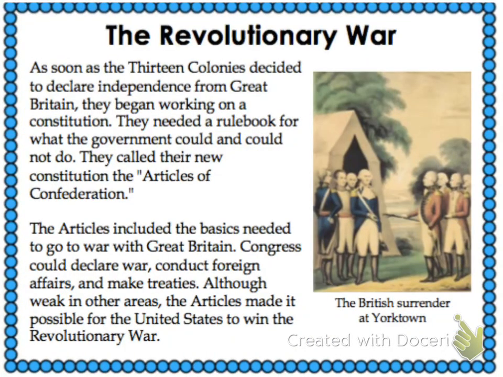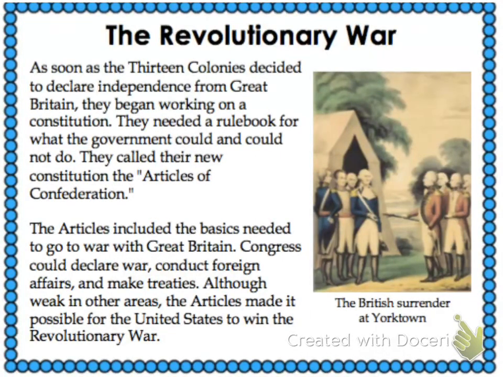Okay, our next topic that we're going to read about is the Revolutionary War. So make sure you have your highlighters ready. Remember, we're trying to find out if this is a strength or a weakness of the Articles of Confederation. So it says, the Revolutionary War. As soon as the 13 colonies decided to declare independence from Great Britain, they began working on a constitution.